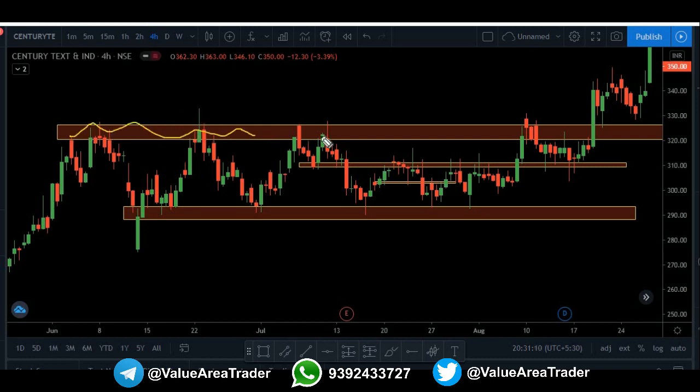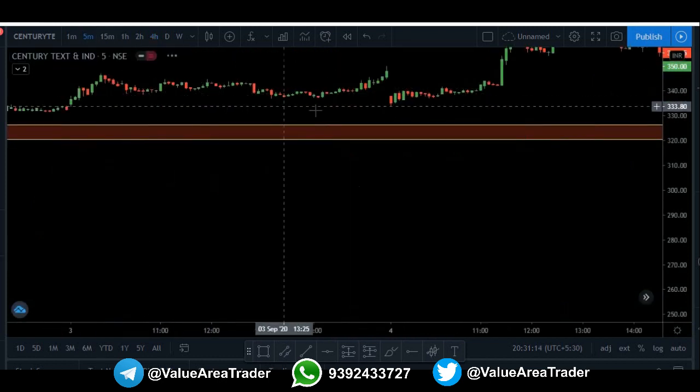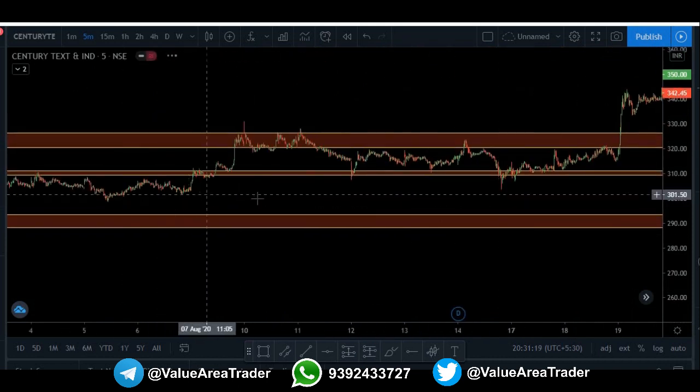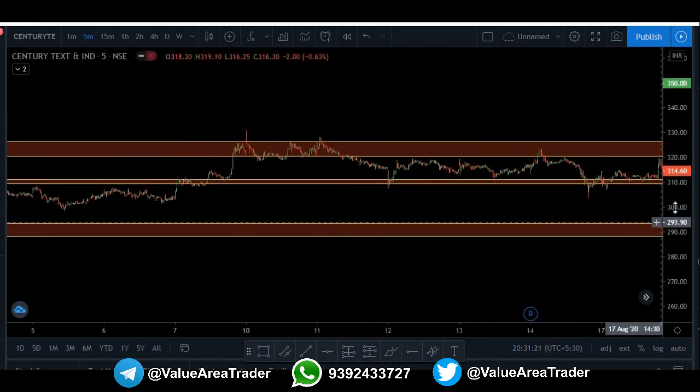So if you have this particular supply zone in your chart, and you go to the 5-minute, and you would expect the price to reverse fast, it won't happen, right?